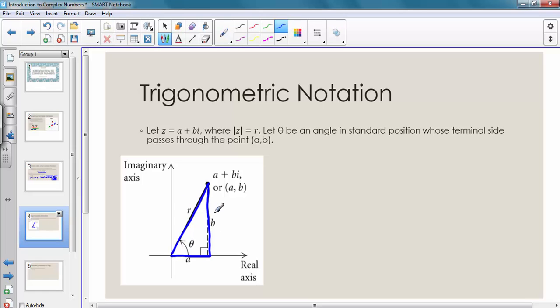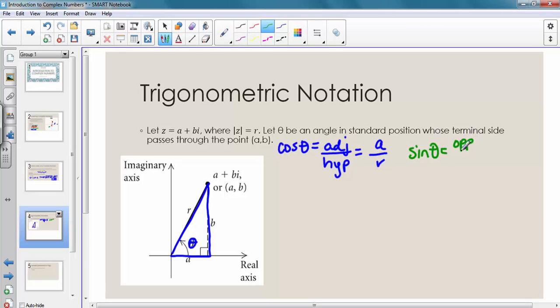So using this picture I have over here and the definition of cosine and sine, we can derive our trigonometric notation for complex numbers. So cosine of theta equals adjacent over hypotenuse. Our angle theta is here, so adjacent is going to be a over r, and then sine theta equals opposite over hypotenuse.